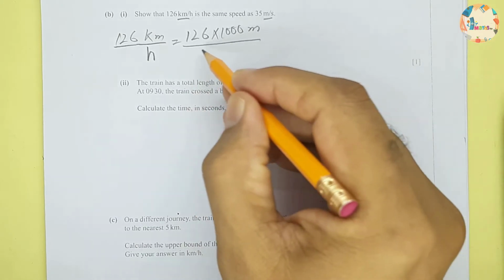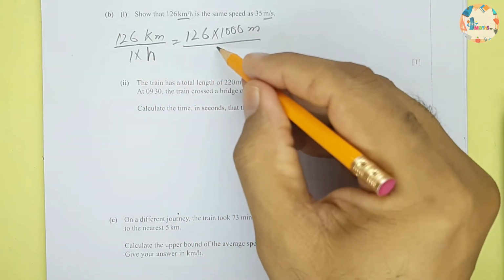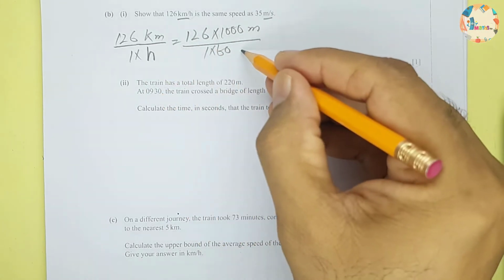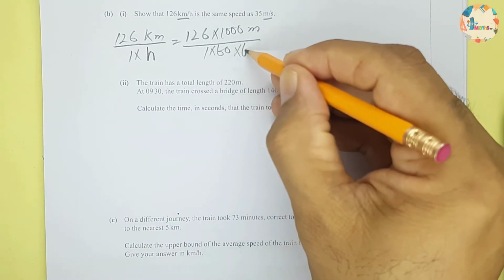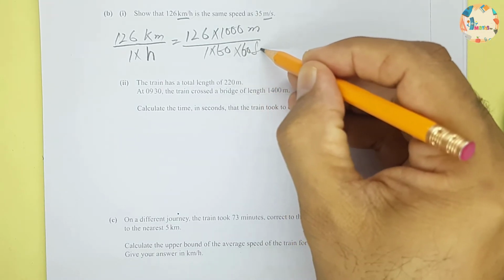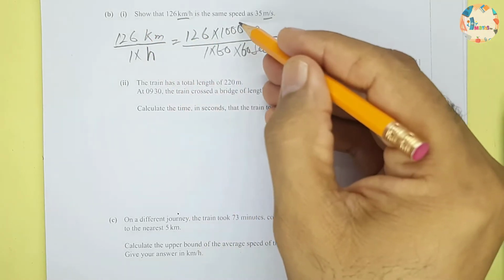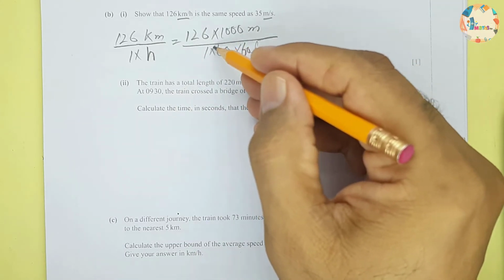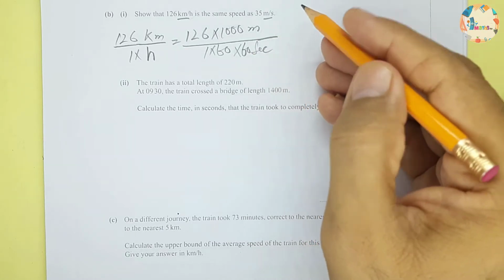And for hours, this is like 1 hour, so 1 hour will be multiplied by 60. So 1 into 60 will be in minutes, but we need seconds, so one more 60, this will be converting into seconds. Now what we have done: we have converted kilometers into meters by multiplying by 1000, and hours into first minutes, then further 60 multiplied by 60 to get seconds.